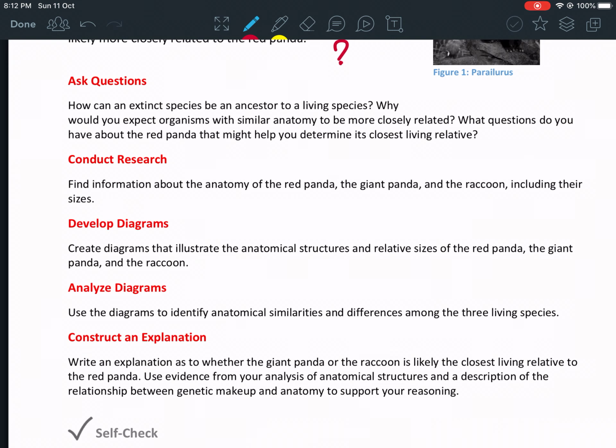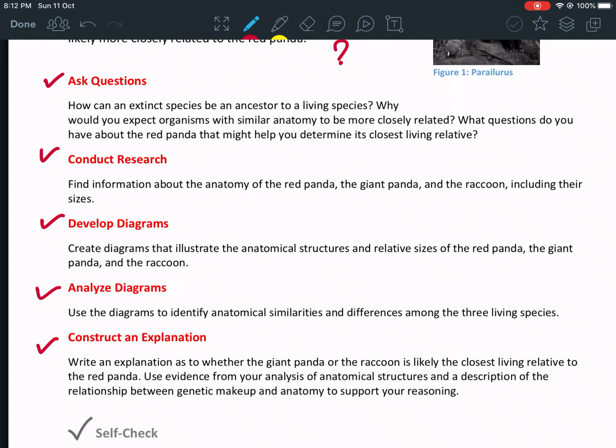So the first thing is that you have to create a presentation using the thing you want, like PowerPoint, Keynote, even a Word document. You have to create it, but each one needs to be on a different section. So first you have to ask questions. How can extinct species be an ancestor to living species, and why?